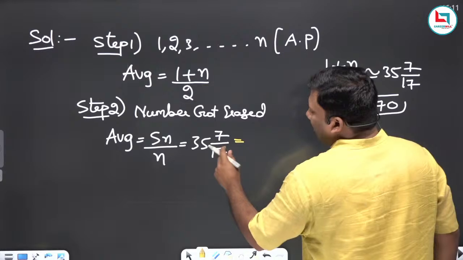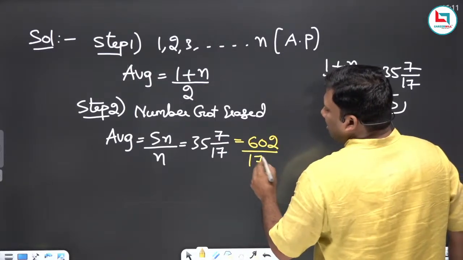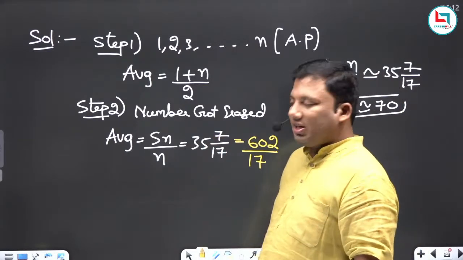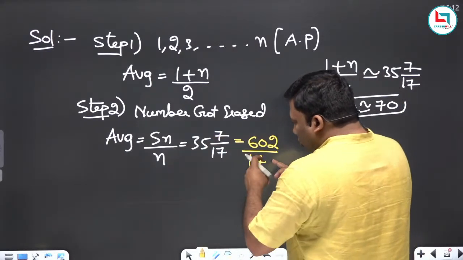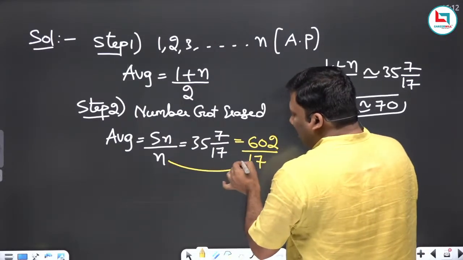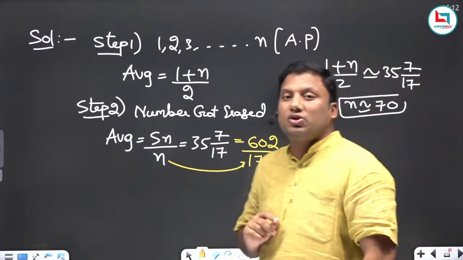Now, n is around 70. If I convert it, this will be 602 by 17. 17 5s are 85, 95 plus 7 is 602. So Sn is 602 and n is closer to 17. The value of n should be closer to 17.